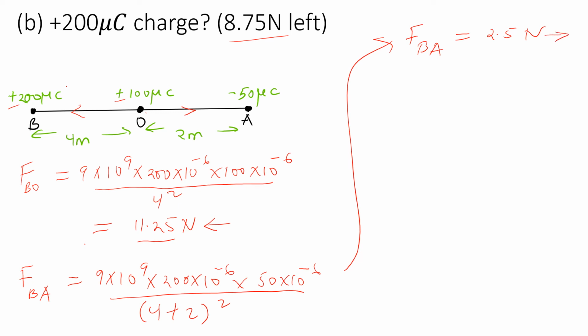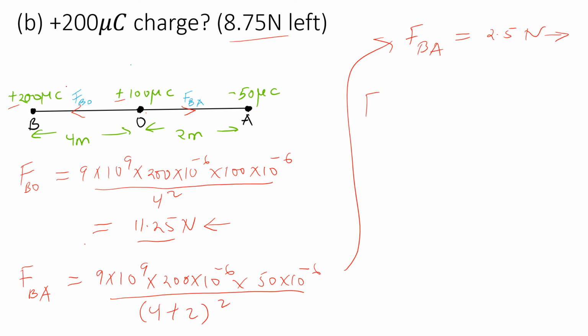According to the diagram, this arrow is F on B due to A, to the right. And then to the left was F on B due to O.